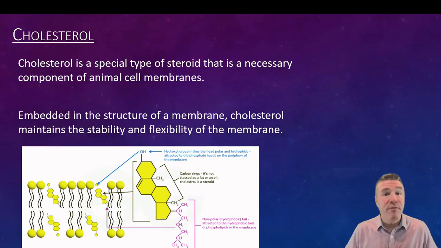Because of its amphiphilic structure, having both a polar and nonpolar region, cholesterol can insert itself between the phospholipids in a membrane. Its rigid rings help to maintain membrane stability and flexibility across temperature changes. This structural characteristic of the cell membrane, as well as the consequences to its function, will be explored in greater detail in Unit 2.